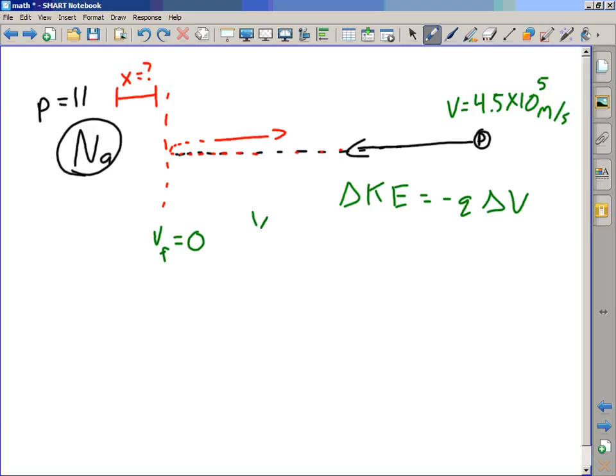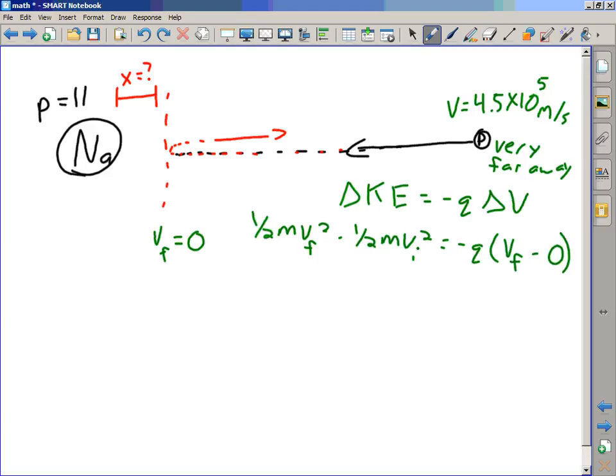This is going to be 1/2 m v final squared minus 1/2 m v initial squared equals negative q, and I know the charge of this proton, times delta V. We're going to assume that this proton is shot from very far away, infinity, which means the initial voltage is going to be what? 0. So this would be V final minus 0 for the initial voltage.